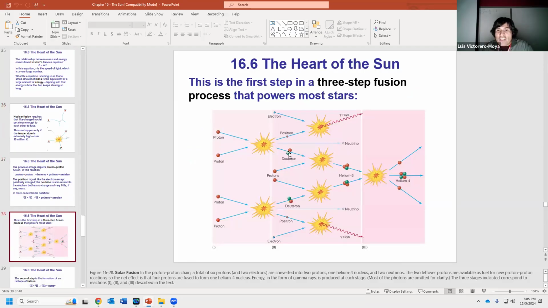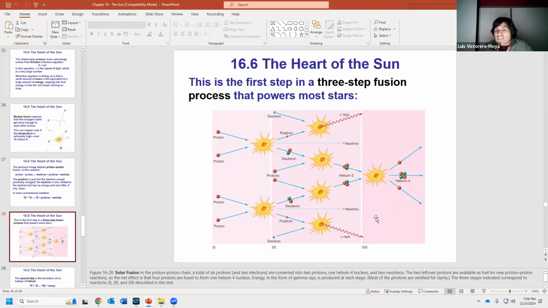Proton-proton, deuterium, it can recombine with another proton and you get helium-3, and this helium-3 can recombine with another proton to give you helium-4. In every part of this chain, you get a reaction that emits energy, sometimes in X-ray forms, sometimes in neutrinos.